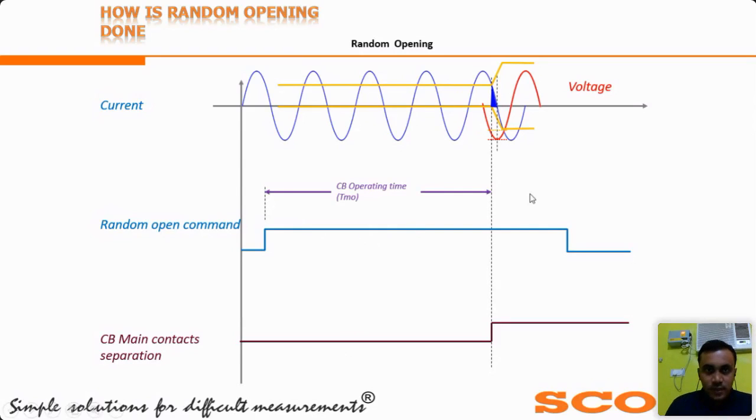Here we can see that we have given the command. At this point, if you can see my cursor, we have given the command through TNC or BCU.